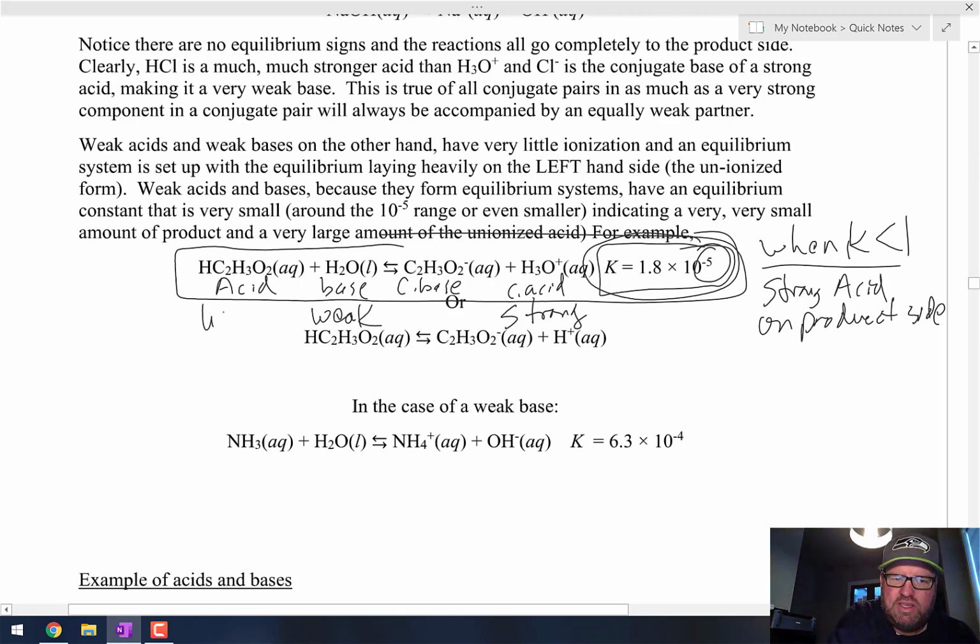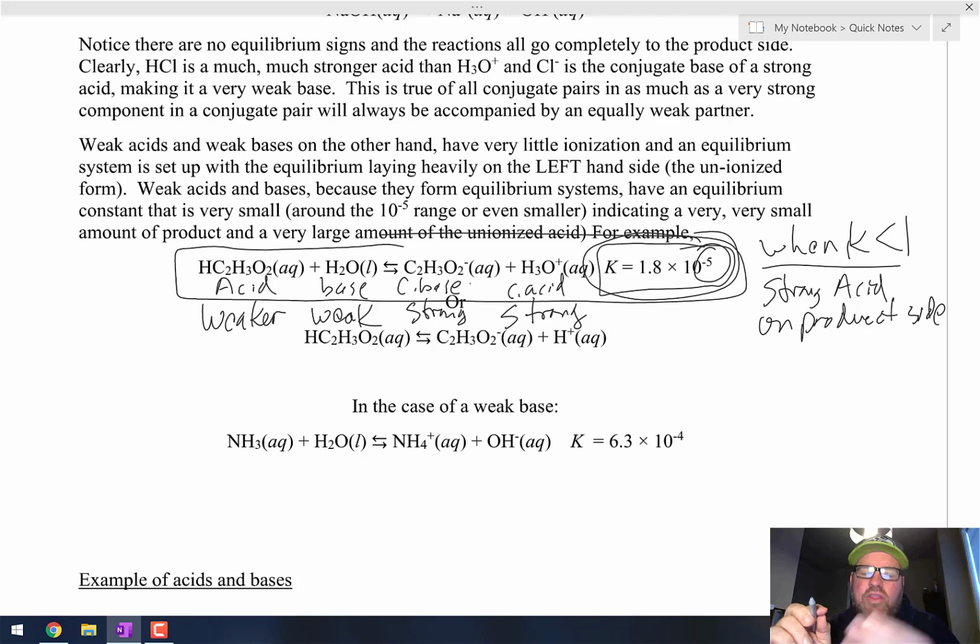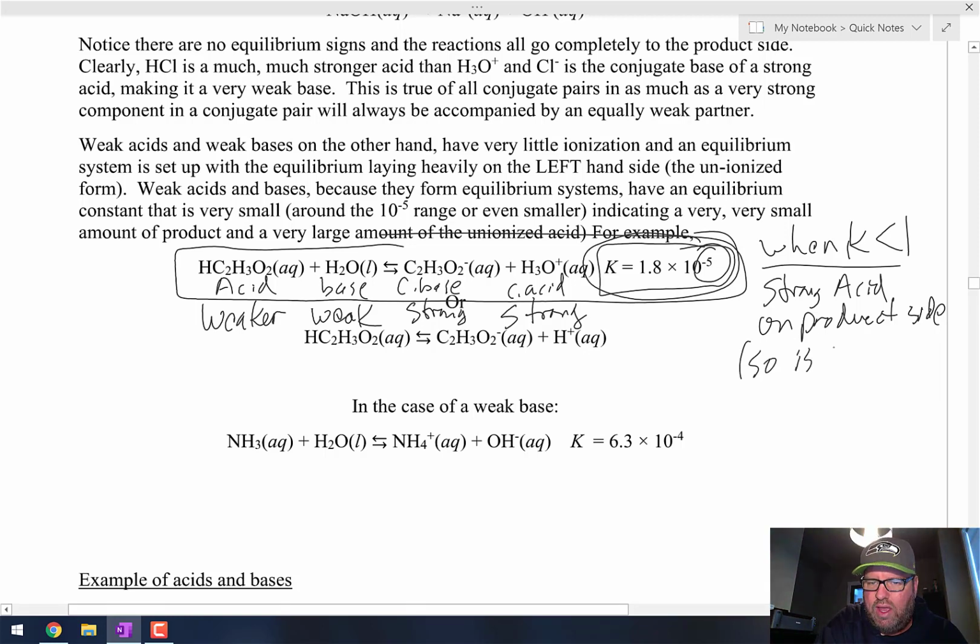And because this is the weaker of the two acids, that makes its conjugate base stronger. This will always be the case: whichever side the strong acid is on, the strong base will also be on the same side. So when K is less than 1, the strong acid is on the product side, and so is the strong base.